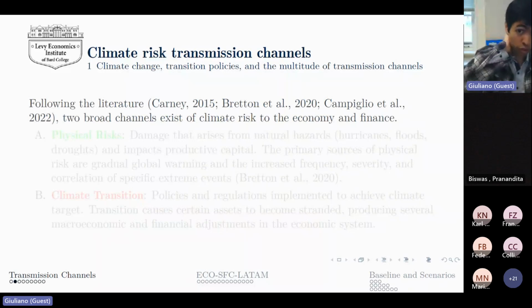So what about the climate transition channels? In our work, following a bunch of literature on this topic, we identify two broad channels which connect climate risk to the economy and finance.